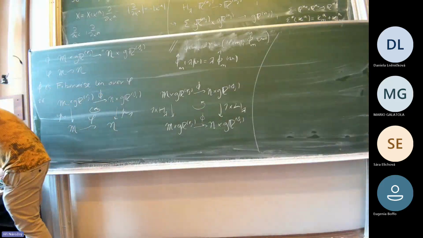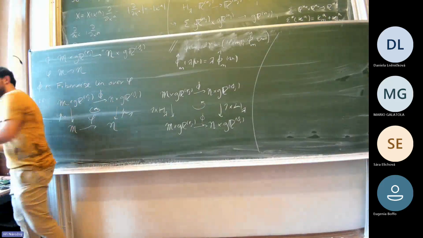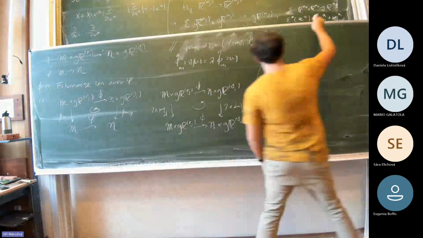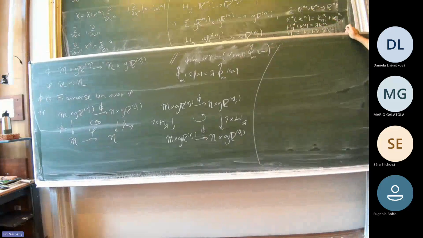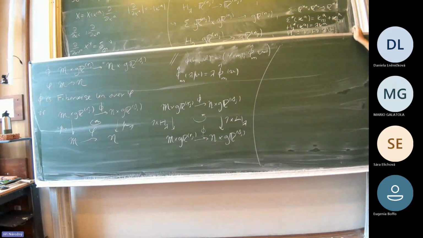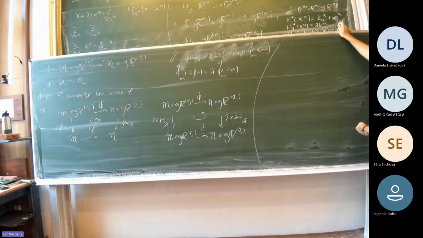Okay, and now I can finish with the definition of the graded vector bundle. Let's see if I can fit it here.